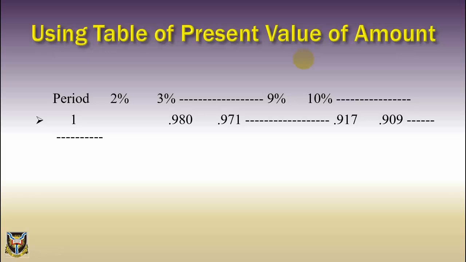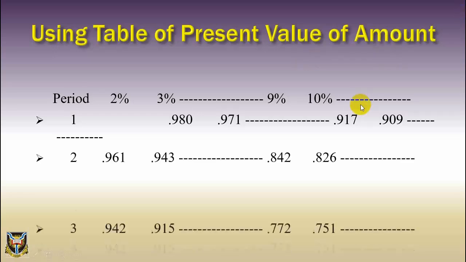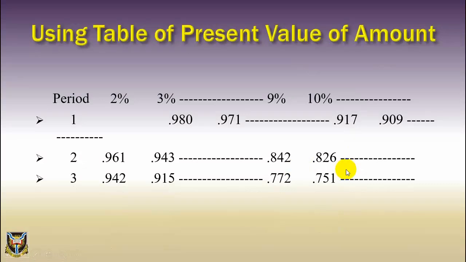Period 2: 0.961, 0.943, 0.842, 0.826. Period 3: 0.942, 0.915, 0.772, 0.751.